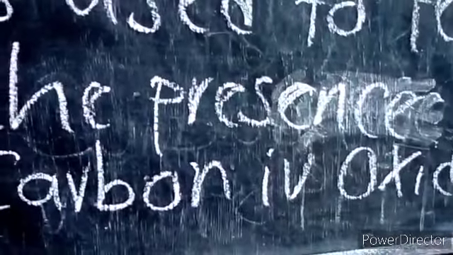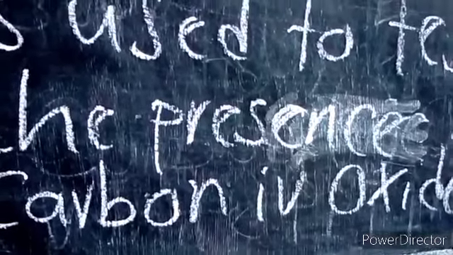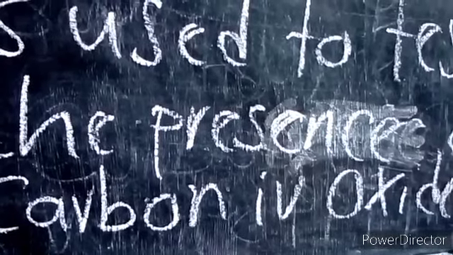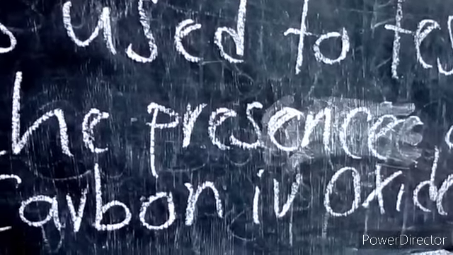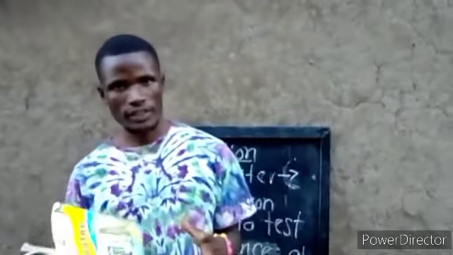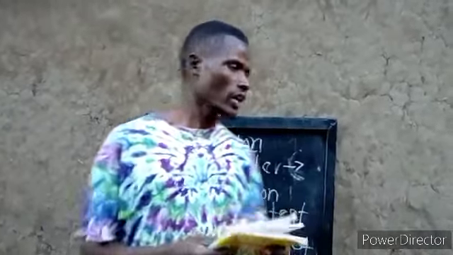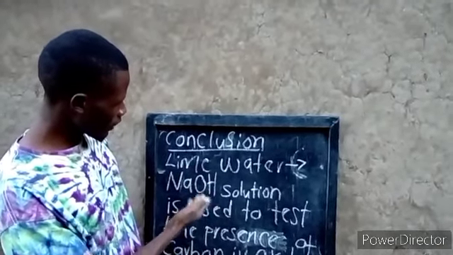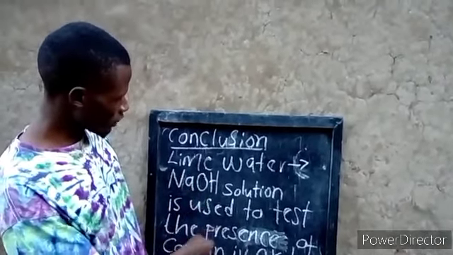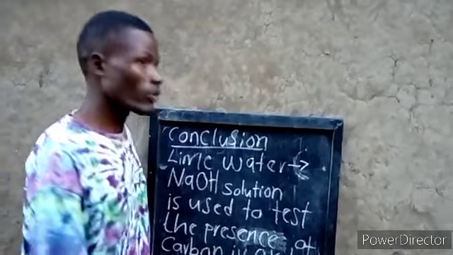When we observe a white precipitate, that shows that the gas present there is carbon (IV) oxide. So that is the end of our topic, acids, bases, and indicators. I hope that we shall meet next time and discuss other basic things. This is the sum up of how to test the presence of carbon (IV) oxide gas.